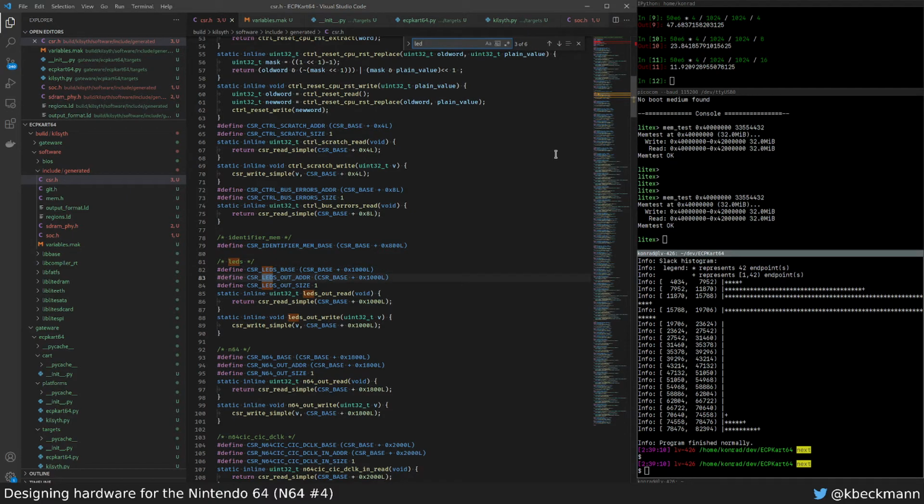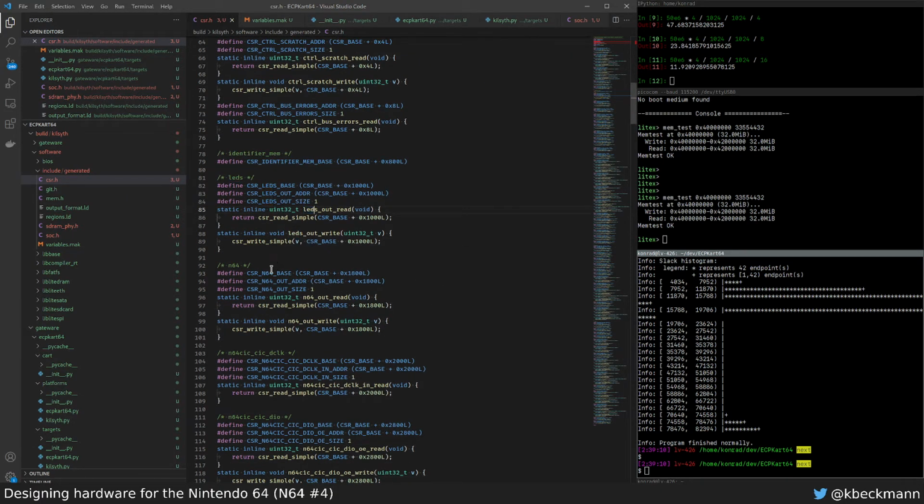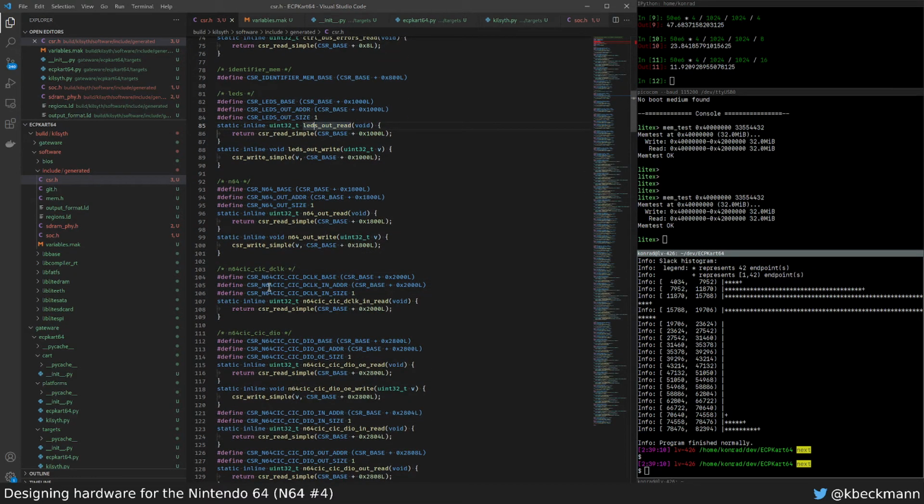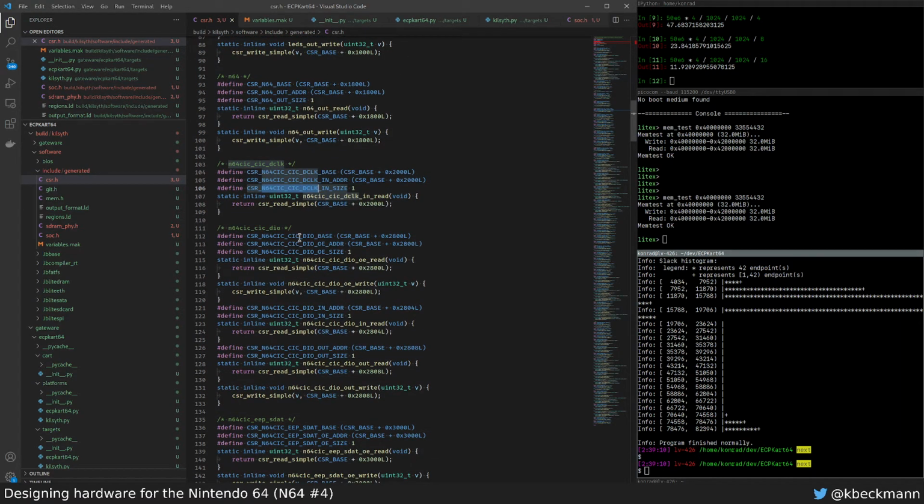Oh, here we have the CSR for the LEDs. That's interesting. Oh, the names are okay. This is good to know. So the name of the GPIO CSR became the name of the submodule. So it's called N64 CSE declock. Oh, yeah, and here we have the output enable, the tri-state ones.